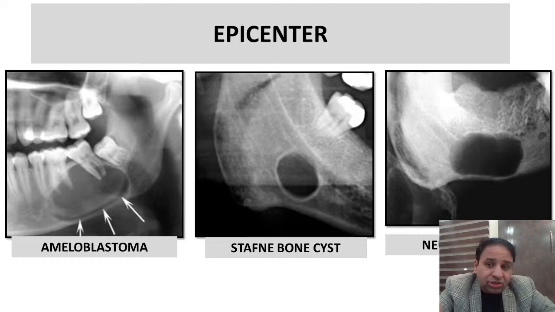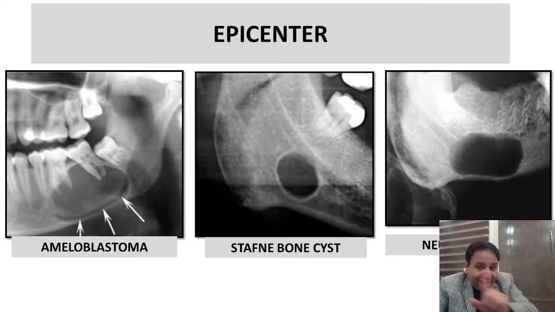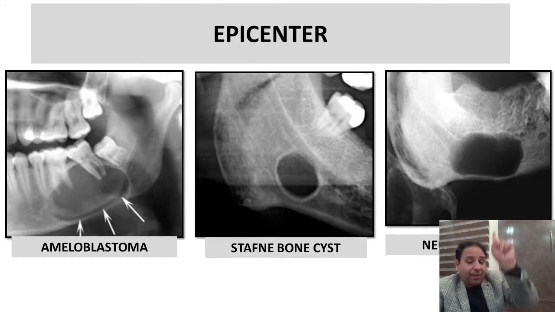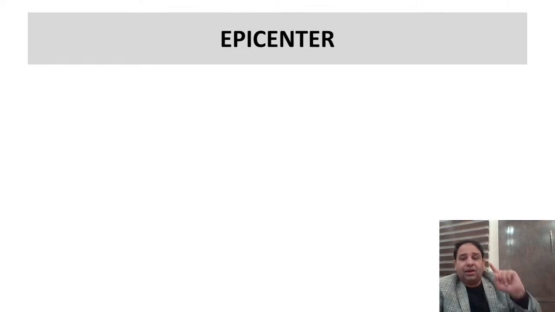So a neural or vascular pathology has its epicenter within the canal. It is very important: when you are making a diagnosis, make sure of the epicenter: above the canal, below the canal, or inside the canal. Right? Coming down now.